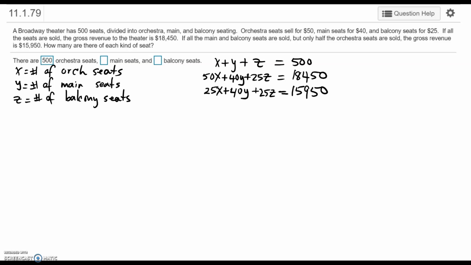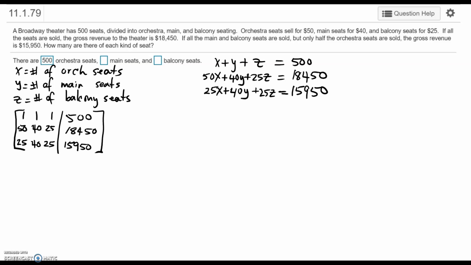Notice we have a system of 3 equations with 3 variables. And we know how to solve this. We're going to solve this using matrices. So I've written this in matrix form, and in the top left corner we have a 1.